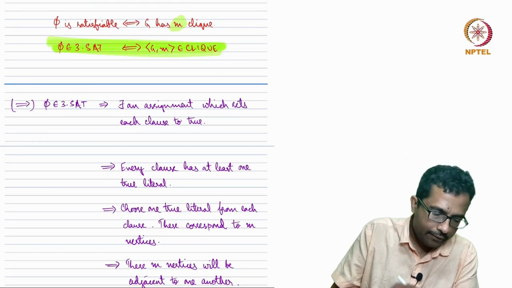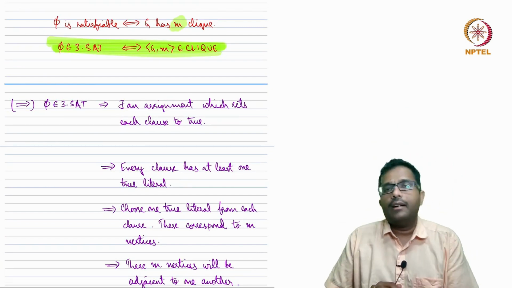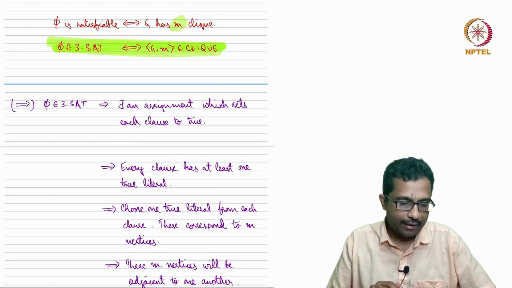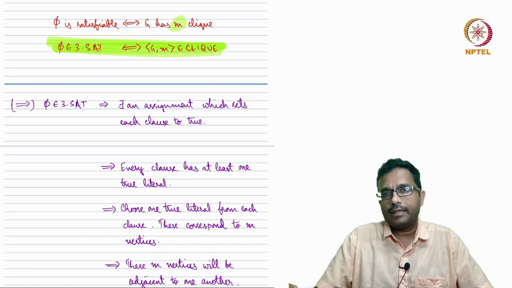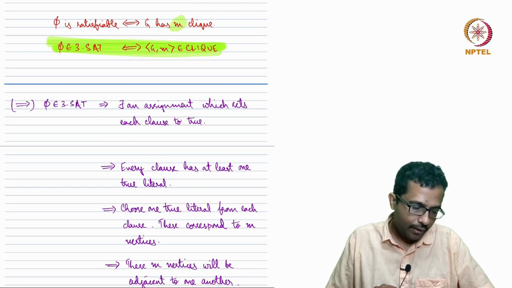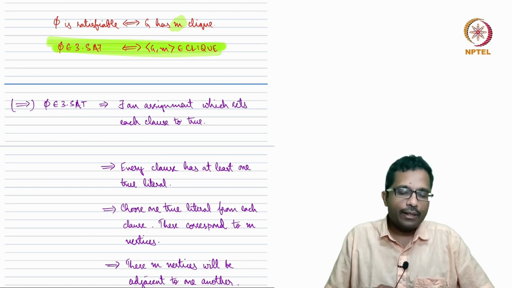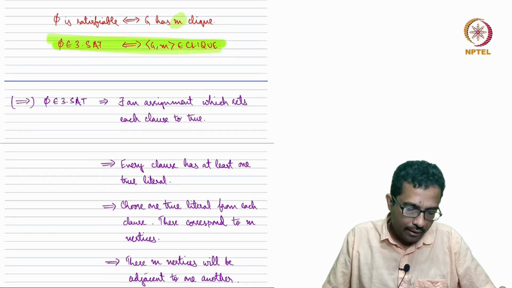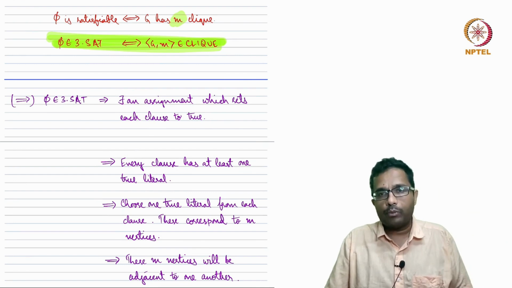So we have to show that phi is in 3-SAT if and only if G has an m-clique. Let us assume that phi is in 3-SAT and then show that G has an m-clique. Later we will show the reverse direction. Phi is in 3-SAT implies that there is an assignment which sets each clause to true, which means every clause has one true literal.